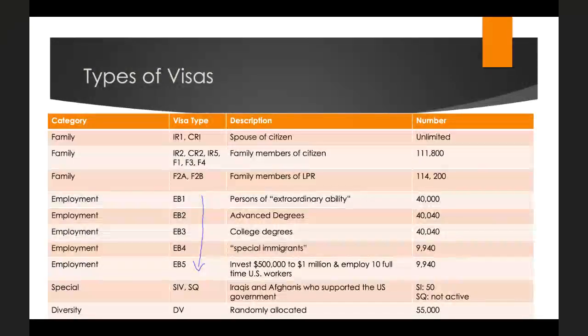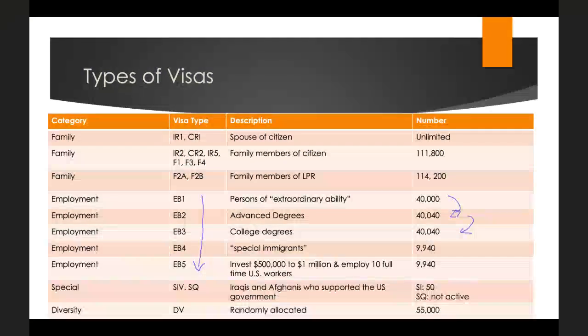Then people with advanced degrees, or any overflow from this number. So these numbers are intended to overflow down. And then it goes to people with college degrees or other professional skills, who are sponsored by their employers.